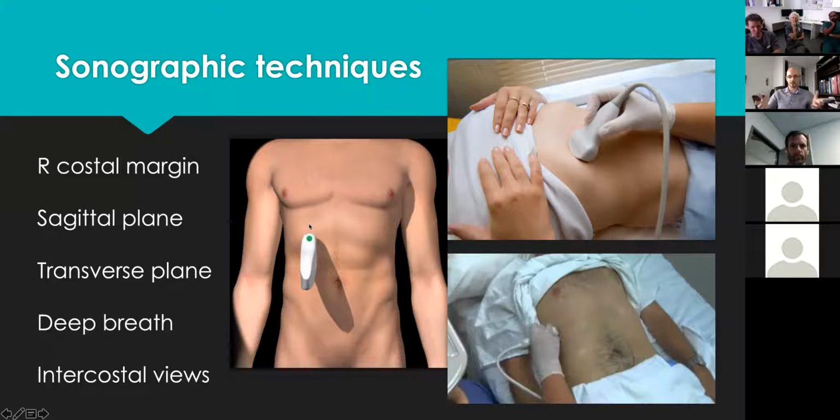Obviously different people have different anatomy, so you might need to rotate it a bit. With a sweep from midline towards the right side, we should be able to get a glance of the gallbladder, and then depending on what we can see, we can adjust the probe position to get a better picture.